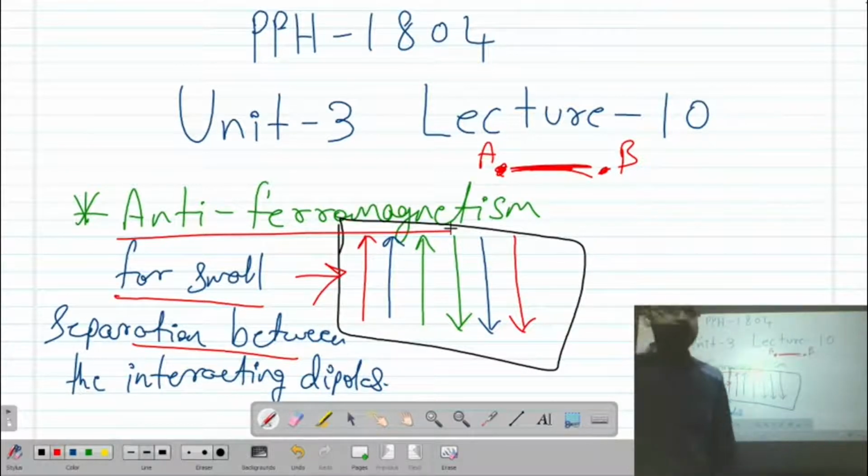Then the dipoles will have a tendency for antiparallel alignment by the action of exchange forces.